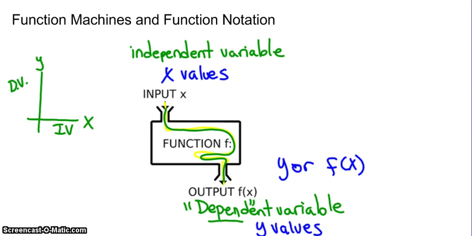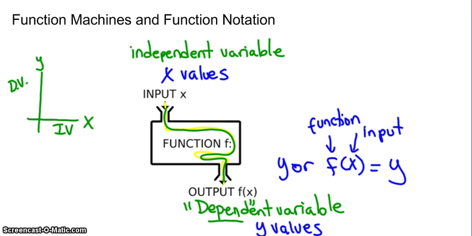So that means f is my function, where x is the input, and then the answer that you get is your y. Okay, so now we can use y or f of x, and that's how you say it. It's the same as saying your y value.